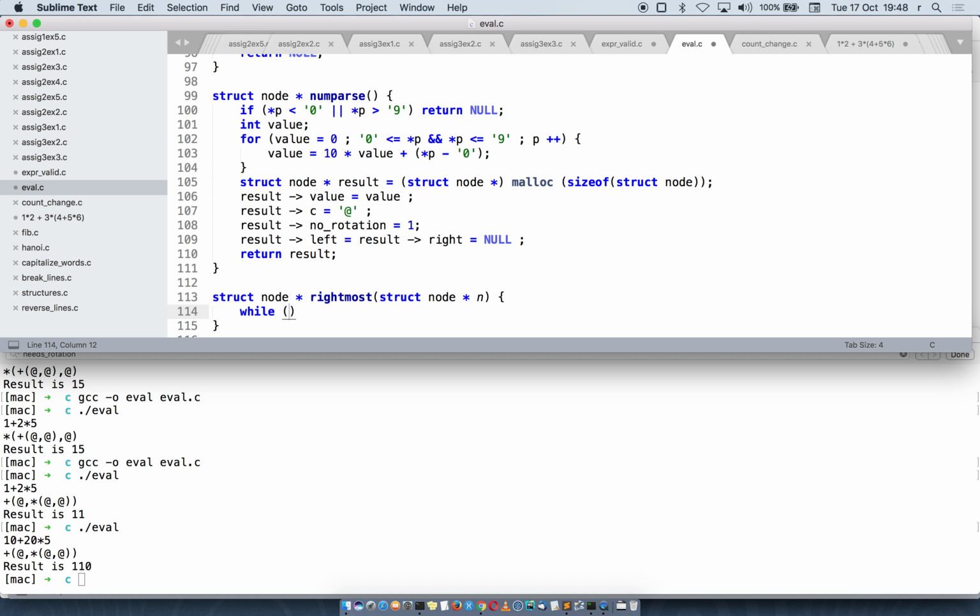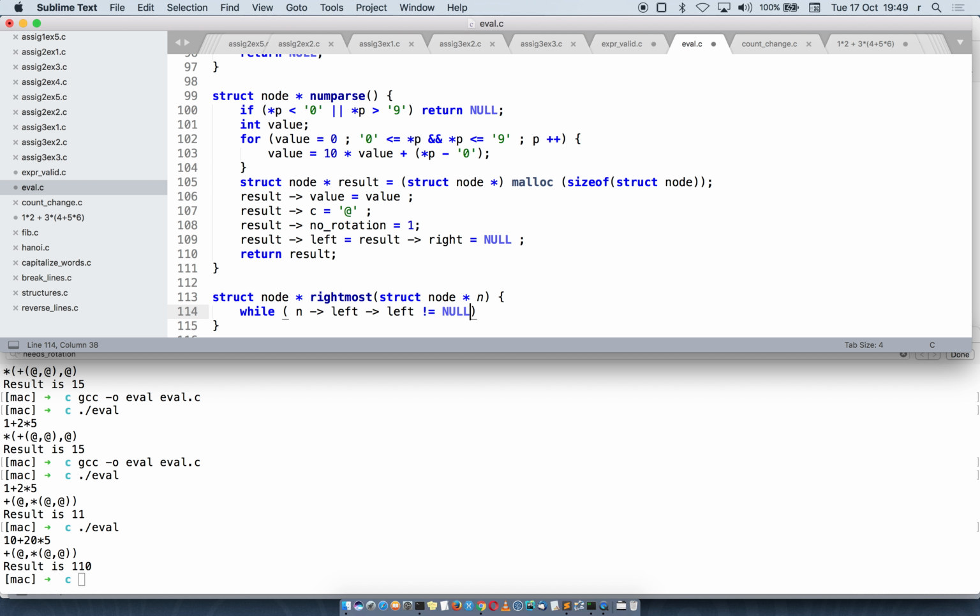Right. So while n left, actually I'm going to do this: left, left, not equals null. I want to find this guy. The 10 is also a node as null. So I'm going to go down to the left until the left of the left is null.